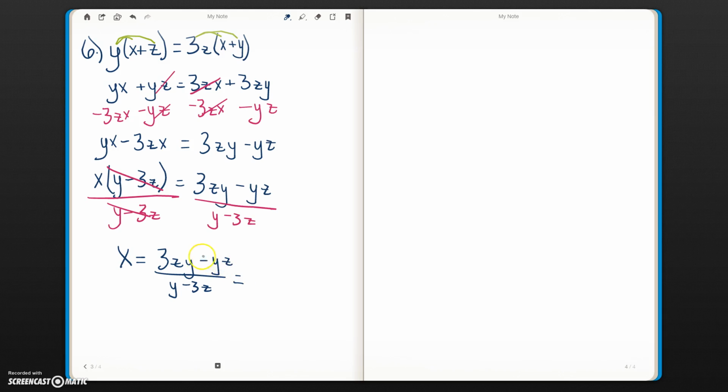And if you notice up top here, we have y's and z's in these terms, so we need to simplify this.